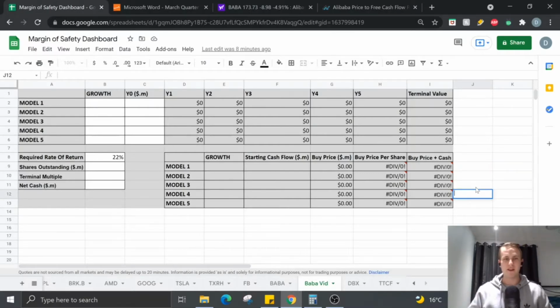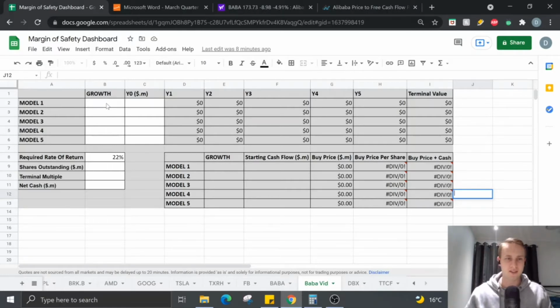So today in this video, we're going to go over that exact process I just described, but for the company Alibaba, ticker symbol BABA. Before we fill in these parameters, let's discuss what they are. The first parameter we're going to enter into our discounted cash flow model is our growth values.